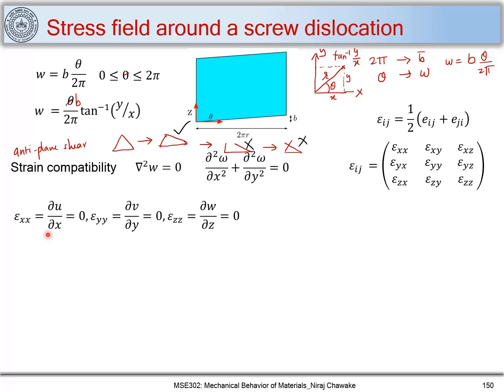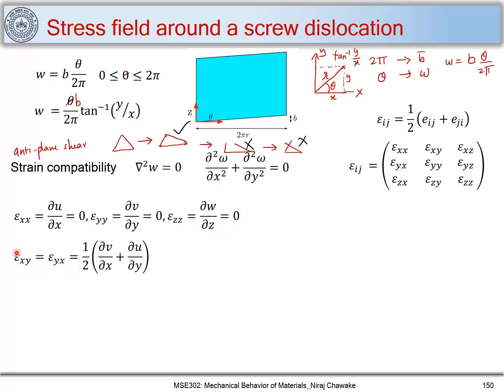So you can write that epsilon xx is equal to du upon dx, and this is 0 because u is 0. Similarly, epsilon yy will be del v upon del y, and as v equal to 0, this is equal to 0, and epsilon zz is equal to del w upon del z, and we have seen that w is not a function of z, and thus it is equal to 0.